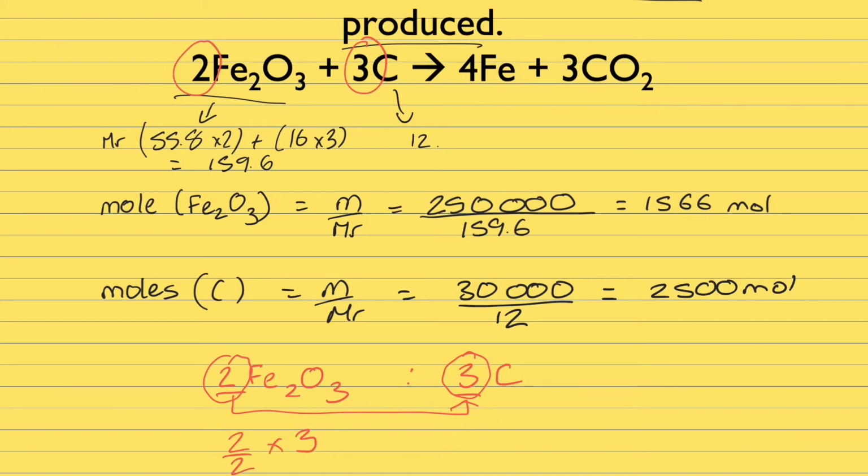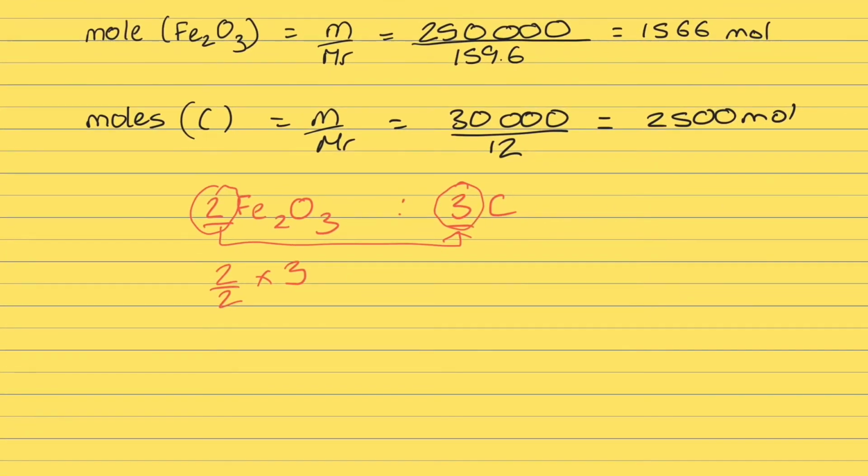Okay, so we worked out that the moles of Fe2O3 was 1566 moles. So therefore the moles of carbon that would be needed is 1566 divided by 2 times by 3, just like we did here, which equals 2349 moles.